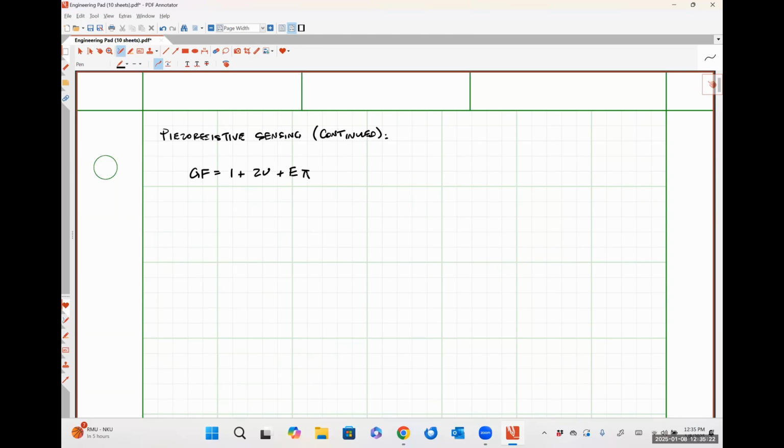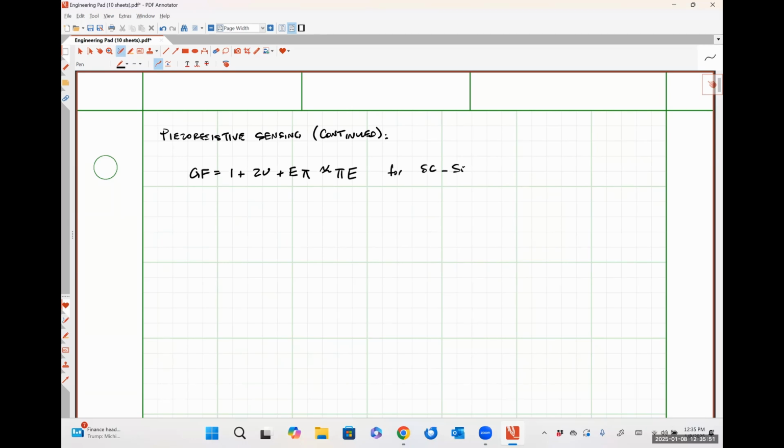So for single crystalline silicon, because the piezo-resistive coefficient is very, very large, the material property is going to outweigh the geometric properties. And so we can really just approximate this as pi times our Young's modulus. And I'm going to put as a note here for single crystalline silicon. Okay.